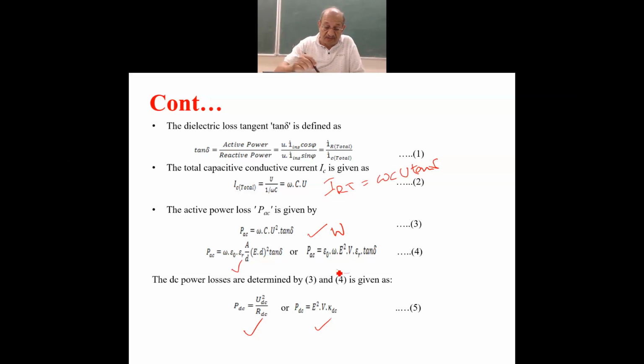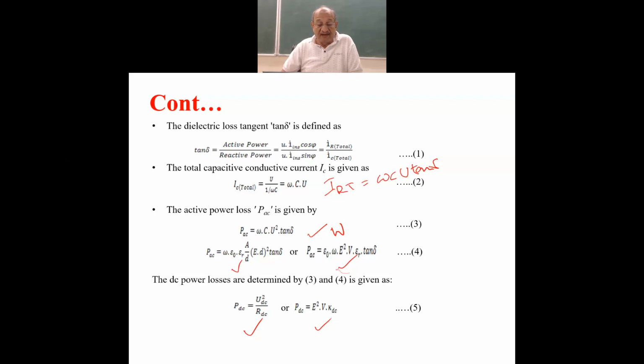From this equation, as you can see, it will depend upon the frequency of the voltage applied, the magnitude of the voltage applied, it will depend upon the volume, and it will obviously also depend upon the relative permittivity of the dielectric. Epsilon naught is constant, epsilon r is not a constant, which is a function of the temperature of the dielectric, the frequency, and the magnitude of the applied voltage.